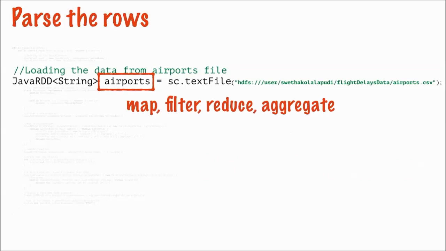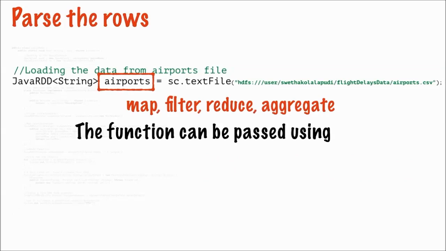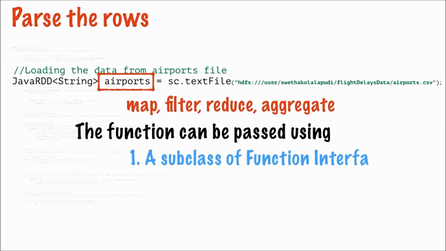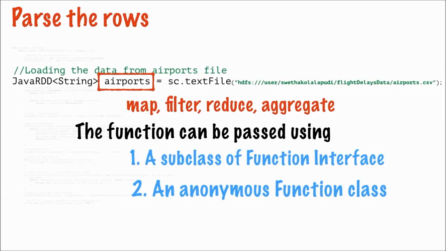In Java, you have a choice as to how you want to set up this subclass of the function interface. You can create an actual subclass which implements the interface and implement every method that that interface provides. It's actually just one method, the call method. Or you can do it the quick and dirty way. You'll simply use an anonymous function class.